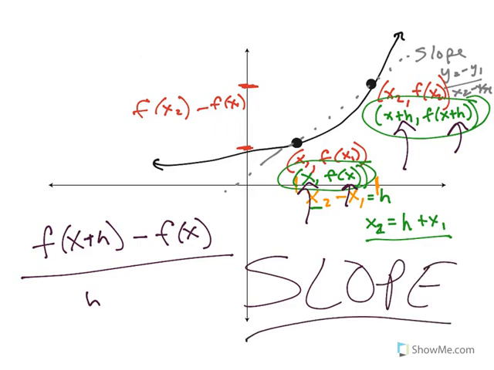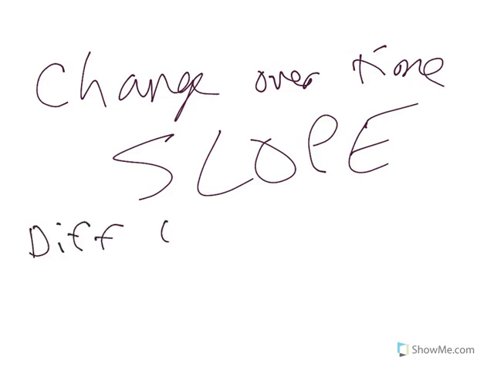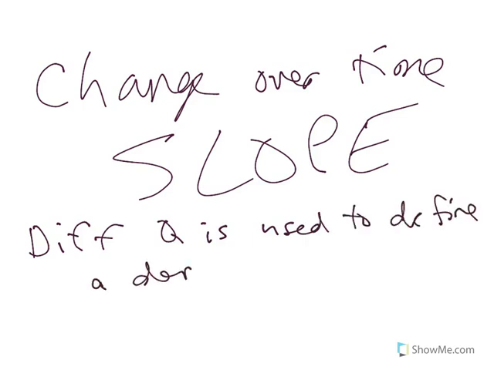So the difference quotient is simply the change over time. It's slope. It's everything we've done in algebra, but now it's written in a slightly different way because the difference quotient is used to define a derivative.